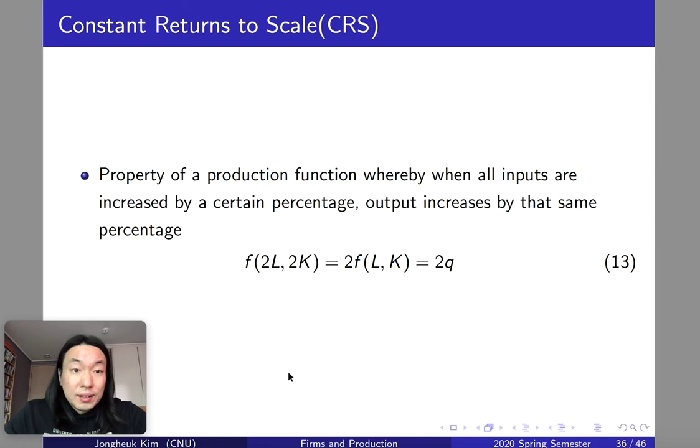But anyway, the important bottom line of the CRS is that if you increase L and K with the same ratio, then the output will increase by exactly the same ratio. Okay, so you can compare the left hand side and the right hand side.